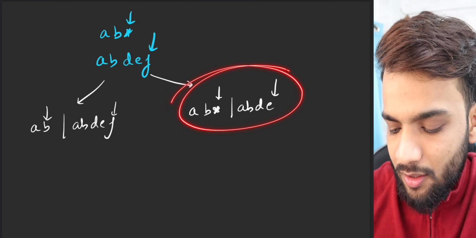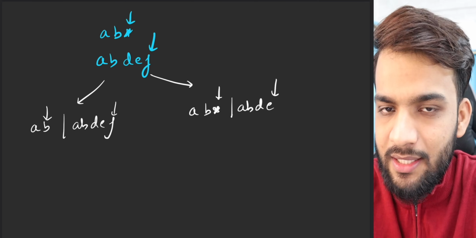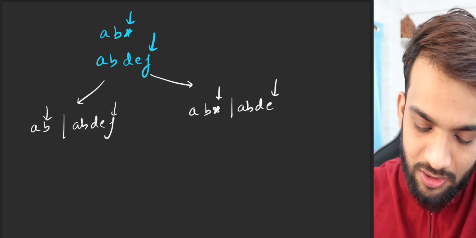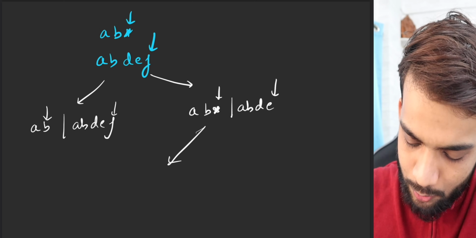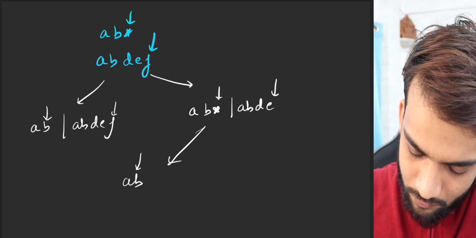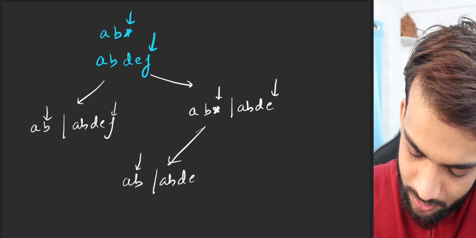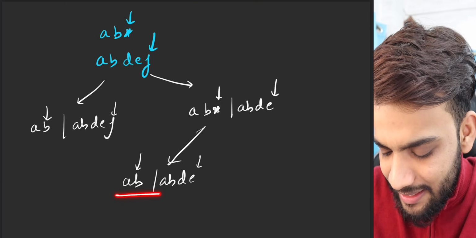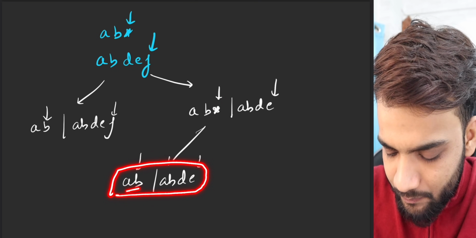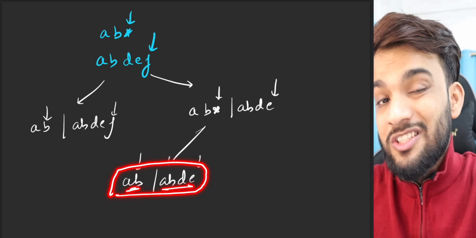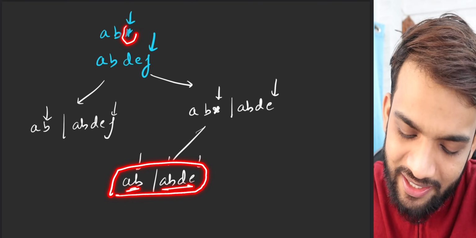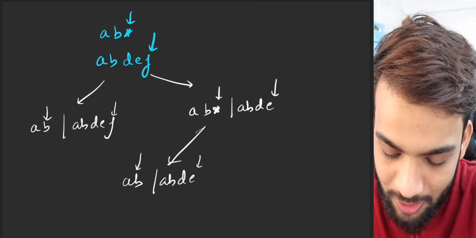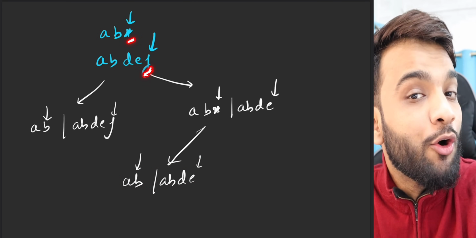Again, this is a string, and I'll again do the same thing. I'll say, hey listen, the star means nothing. So it will come to AB, ABDE. I said star means nothing. So it automatically came to AB, ABDE, which means you stated star to be just F. How did you do that?